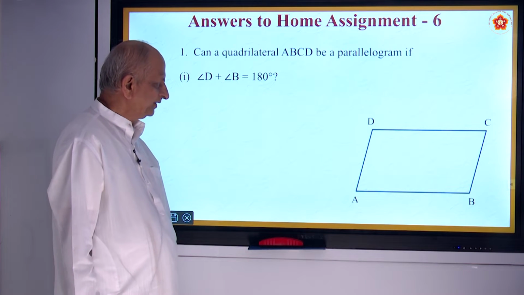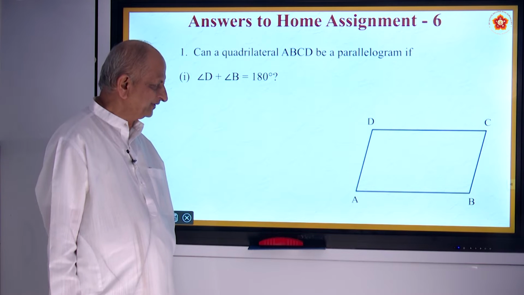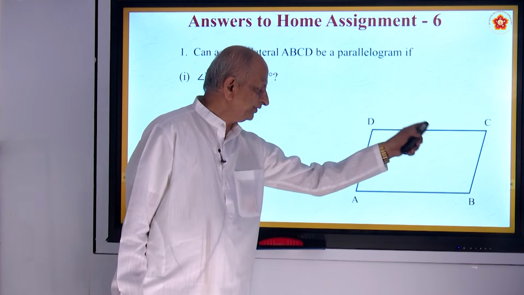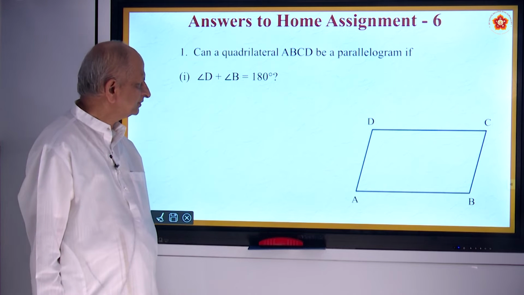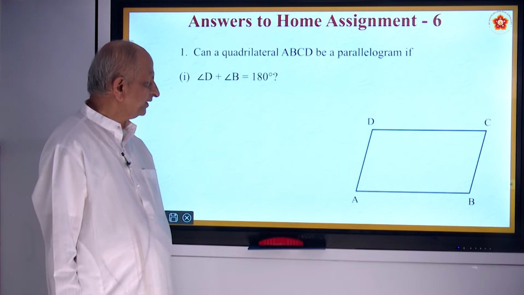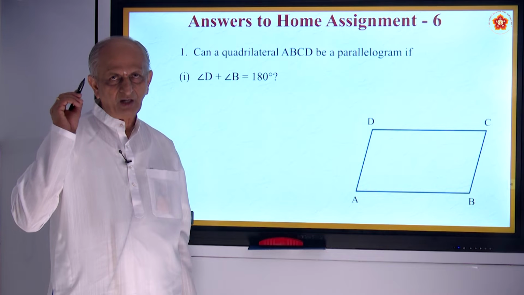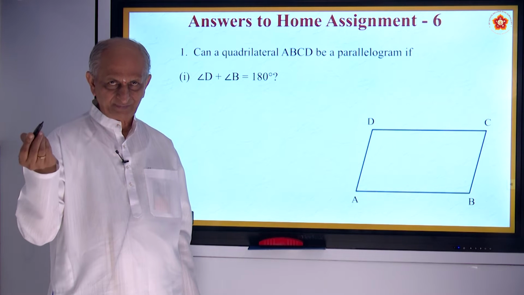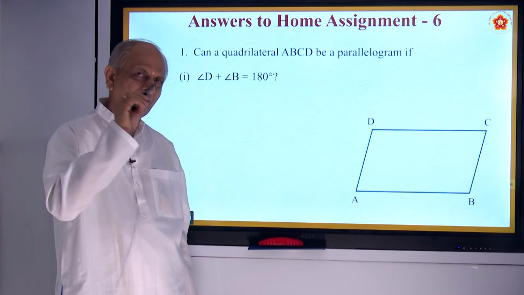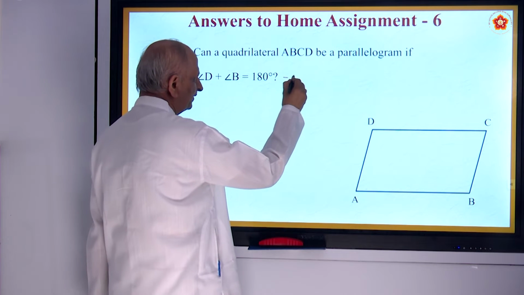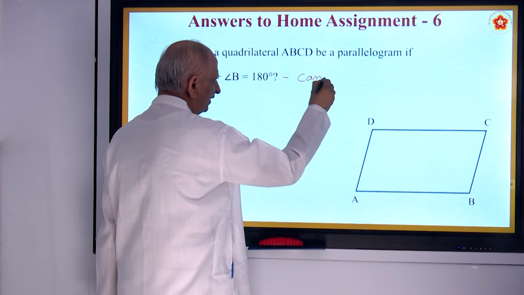It can be, but not at all times. Sometimes it can be, but angle B is equal to angle D. If this becomes a rectangle, then it can be 180 degrees. That is why it is said all rectangles are parallelograms, but all parallelograms are not rectangles. So, it can be sometimes or cannot be also.